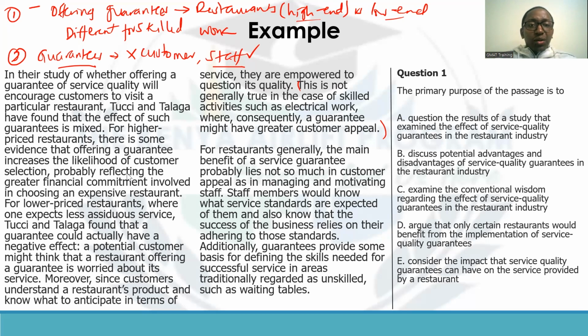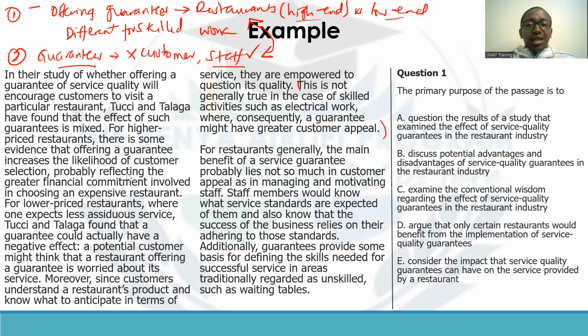So knowing that, now you connect this small summary to the summary for the first paragraph. You find that this author talked about guarantees, how customers perceive guarantees.